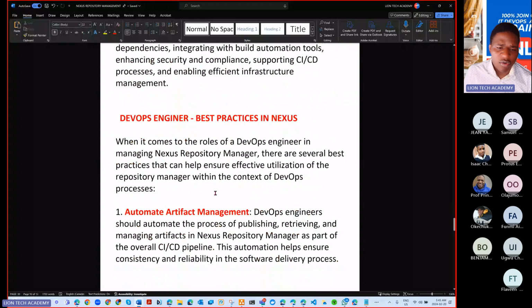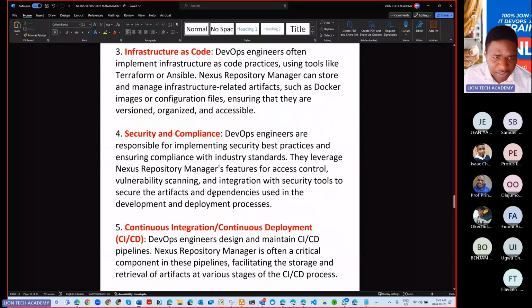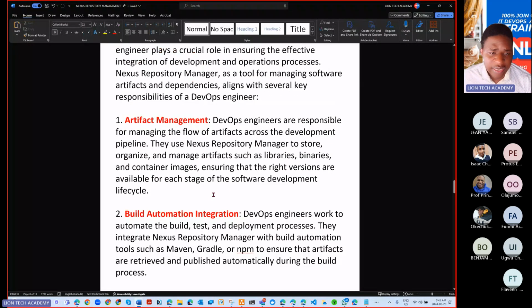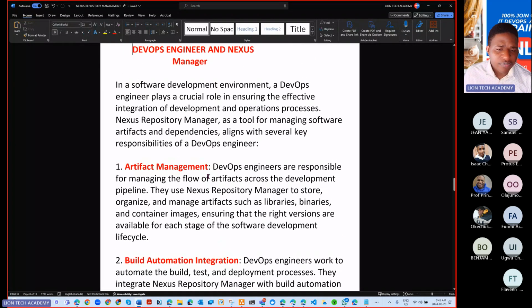These are all my responsibilities. So it means that if your company is using Nexus, you need to be able to carry out these responsibilities. Artifact management. We know what an artifact is, right? And of course, management.